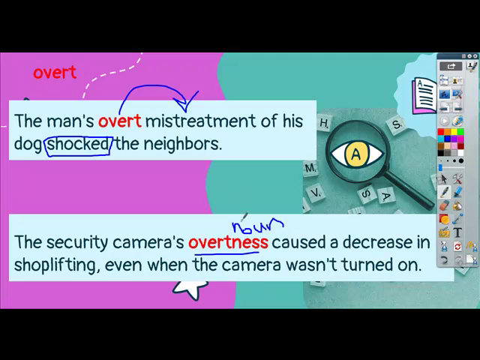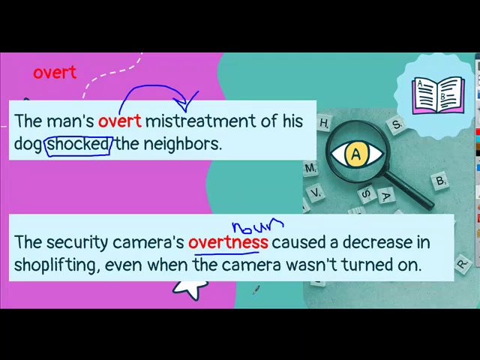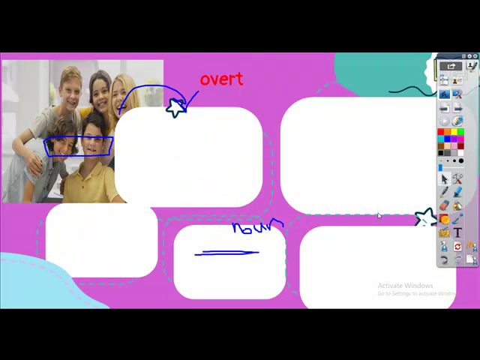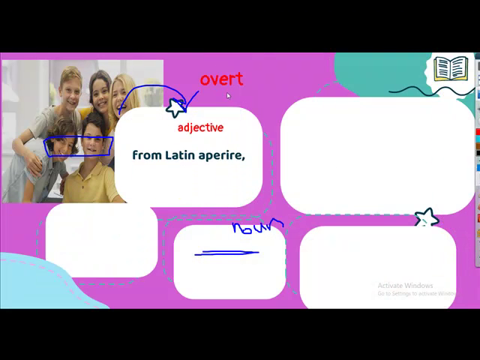The camera is on or off, thieves or robbers are terrified of it. So it means the show of the camera itself, the representation of it. So overt here, that's an adjective, meaning open.